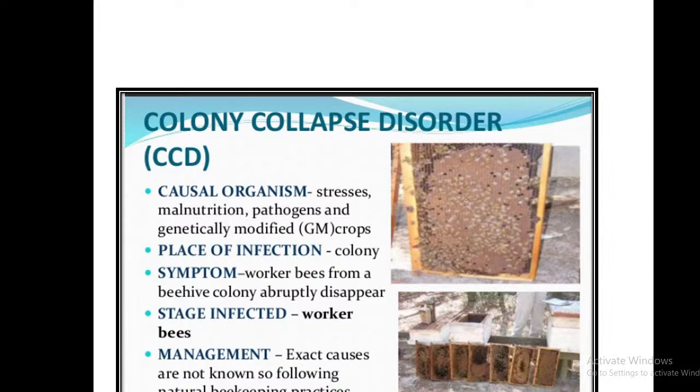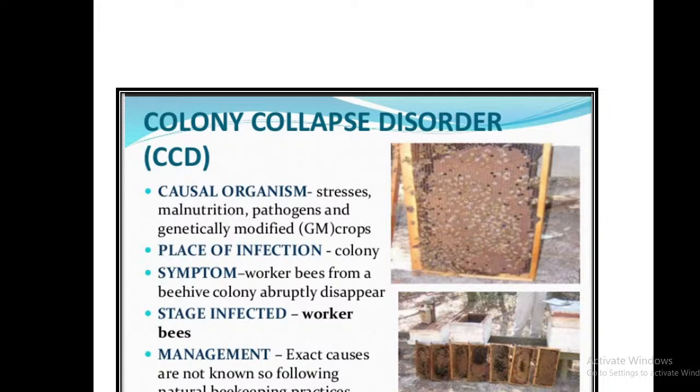And the causes behind this colony collapse disorder are stresses. Stress ഉണ്ടെങ്കിൽ colony collapse disorder ഉണ്ടാകും. Malnutrition, pathogens and genetically modified crops. Stress, malnutrition and genetically modified. എന്തെങ്കിലും സ്ട്രെസ്, അതായത് predators കൂടുതലുണ്ടെന്ന് തോന്നിക്കഴിഞ്ഞാൽ ആ സ്ഥലം ഉപേക്ഷിച്ച് the honeybees will fly away. That is known as colony collapse.